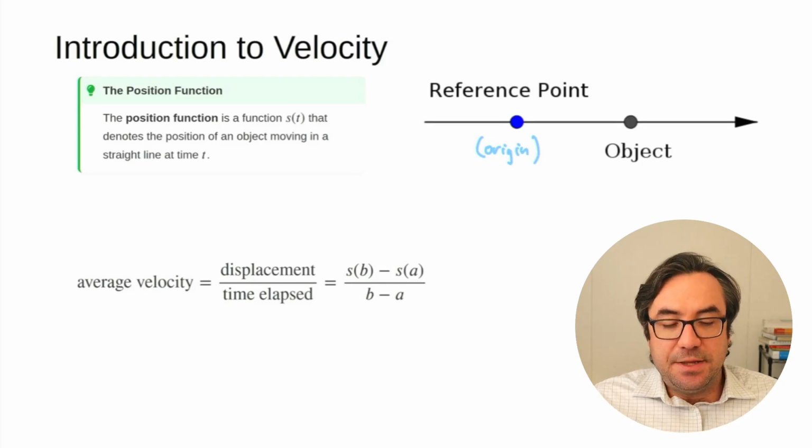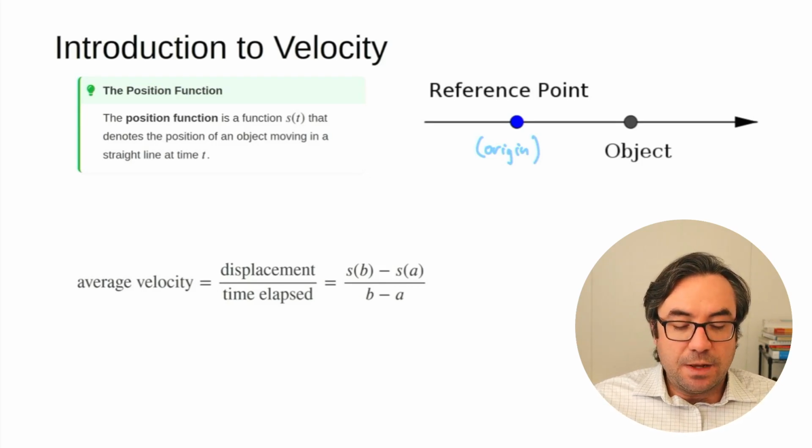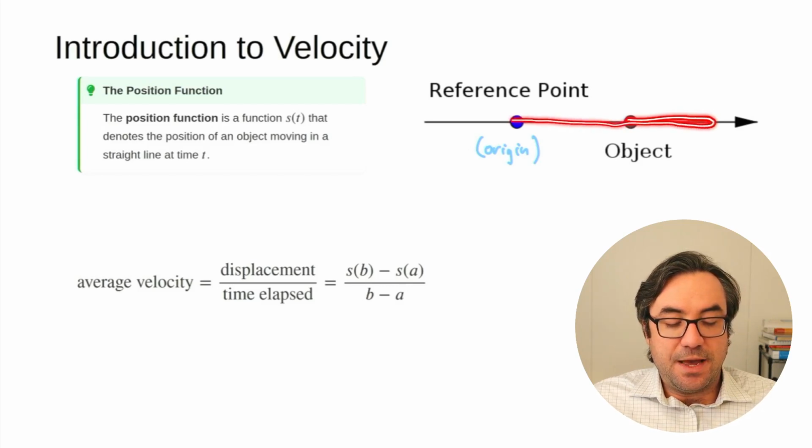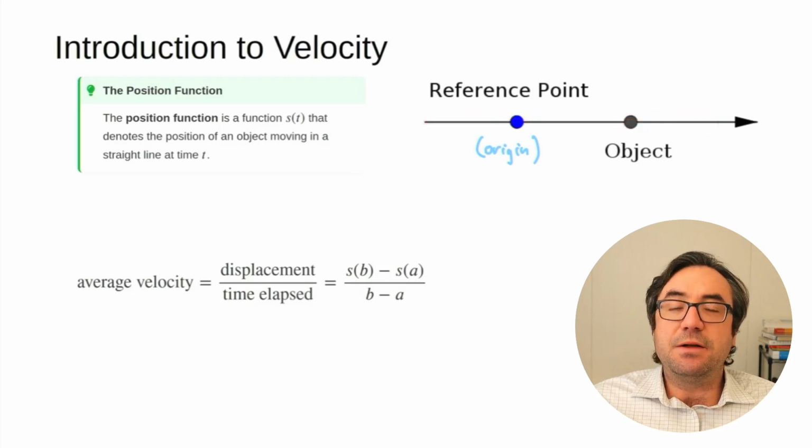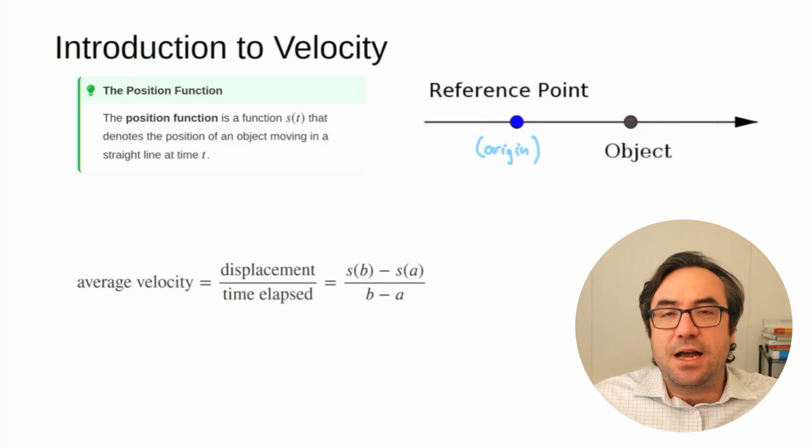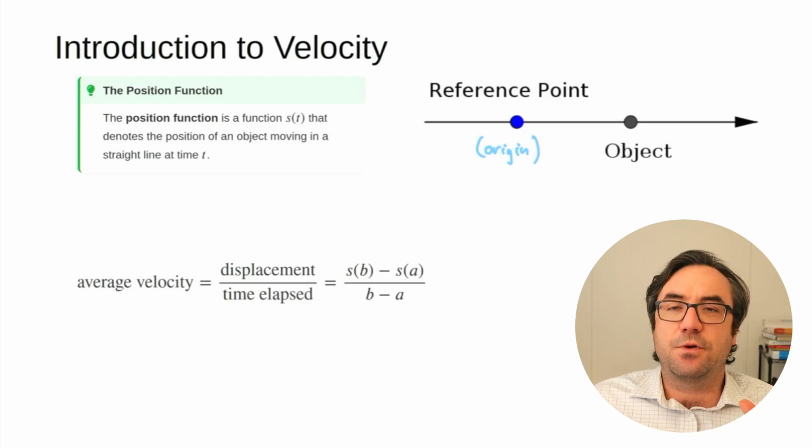Relative to this reference point, we're watching where our object goes. Our object might go to the right, and then once it gets far enough, it starts back, and it might travel to the left, or bounce around a bit. But it's stuck on this line, so it's just bouncing back and forth along this line.